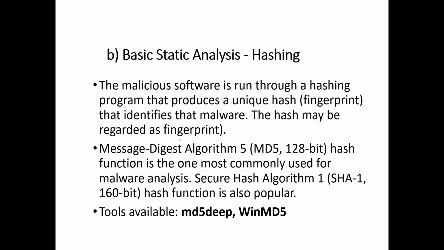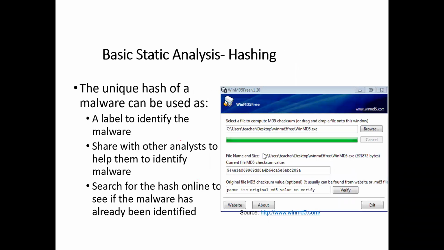This is an example of how the hashes run. And of course, we ran it using the hash values. You can also run it using WinMD5Free to help see that hashing algorithm. You run it, get a number, then run it again after some time and see if the numbers are exactly the same.